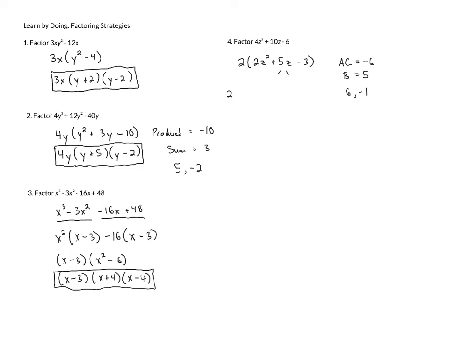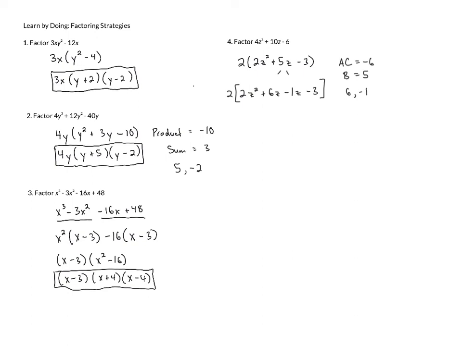I'm going to keep the 2 on the outside, and I'm going to change the parentheses to brackets just to keep the 2 out of the way and keep everything organized well. So we keep the 2z squared there, but then that 5z becomes positive 6z minus 1z, and then we still have that minus 3 at the end.